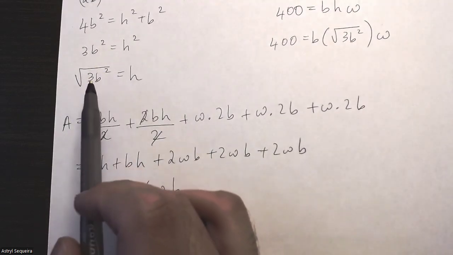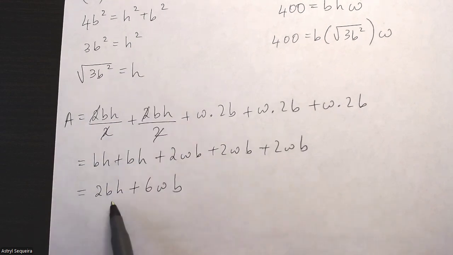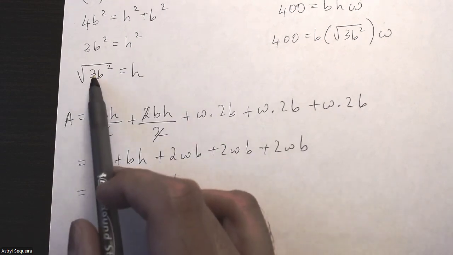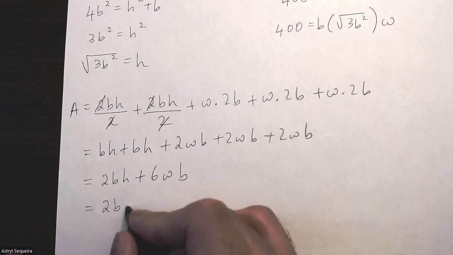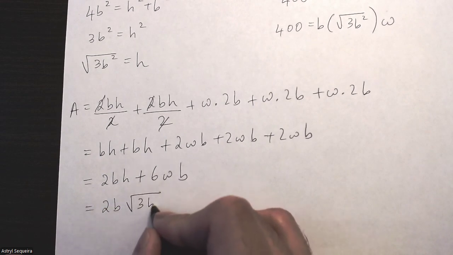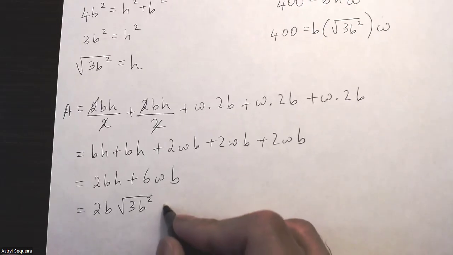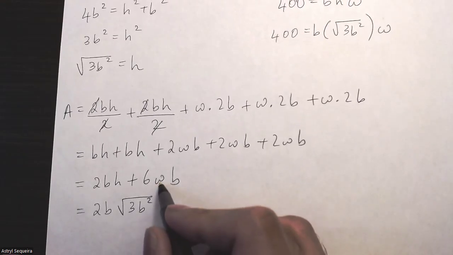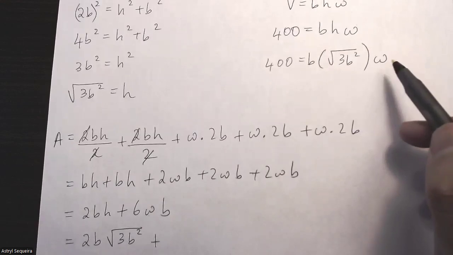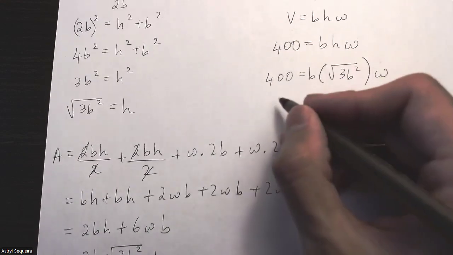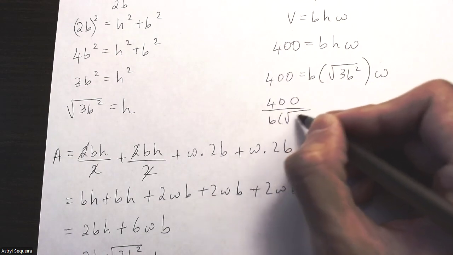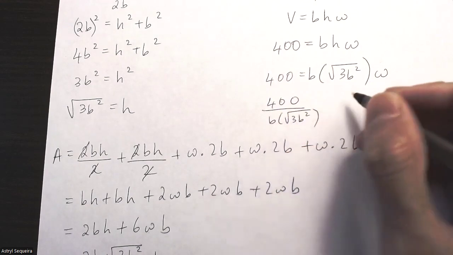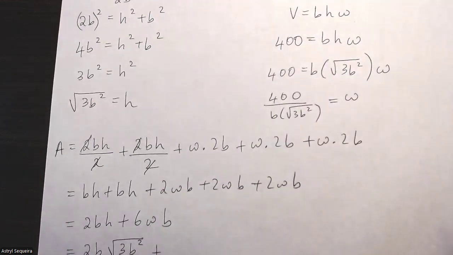Now I've already isolated h in this equation over here, so I can replace the h with that. So 2b times the square root of 3b squared. And then over here, I can isolate the w in this equation. So 400 over b times the square root of 3b squared equals w.